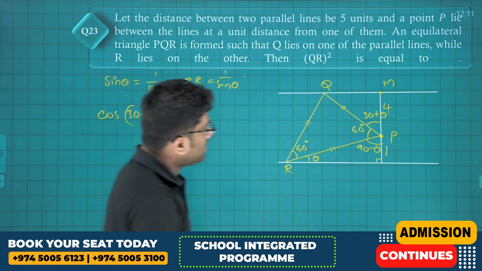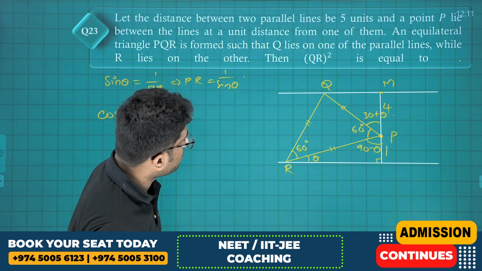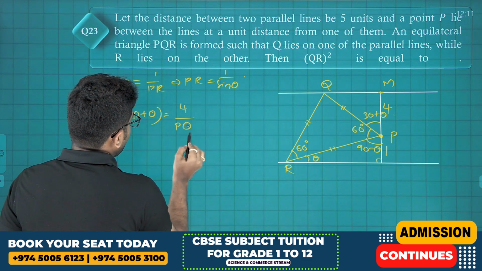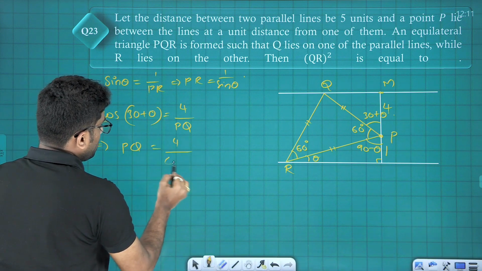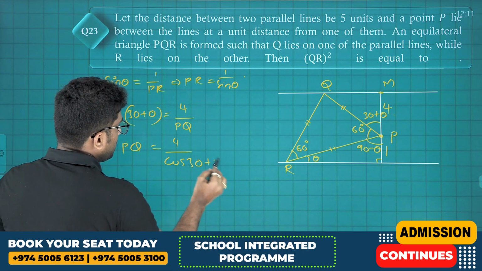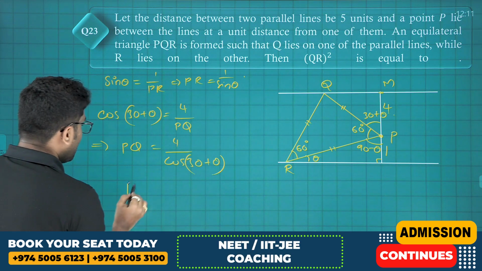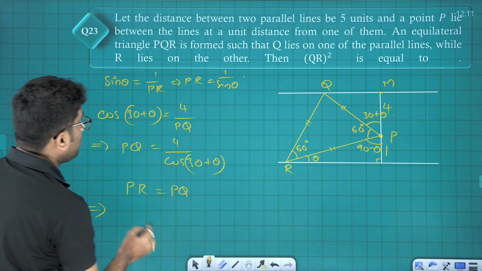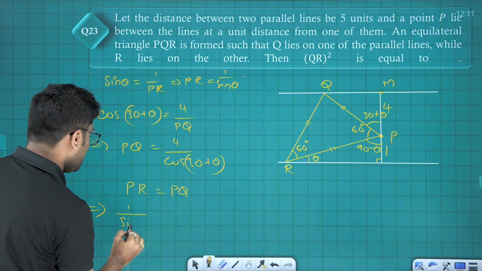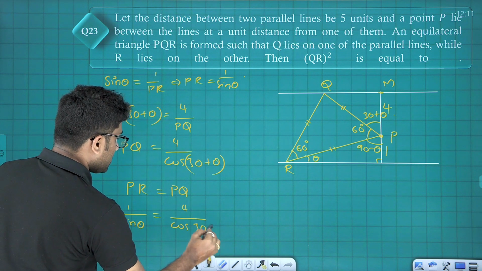Cos is adjacent over hypotenuse, 4 divided by hypotenuse PQ. So PQ is equal to 4 by cos of 30 plus theta. As it is an equilateral triangle, PR should be equal to PQ. So 1 by sine theta is equal to 4 by cos of 30 plus theta.